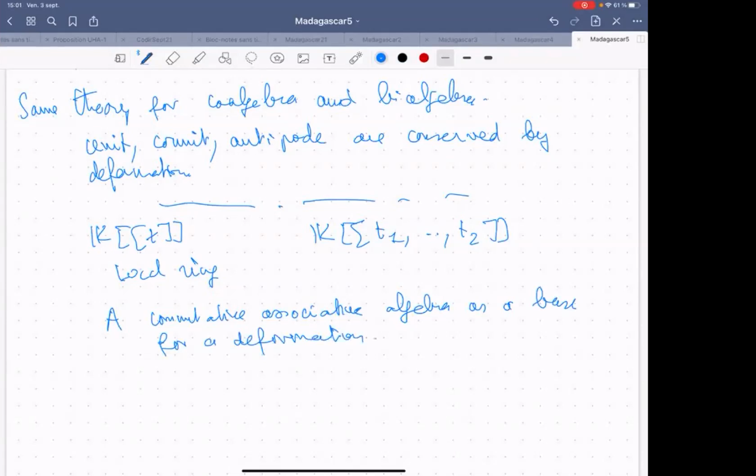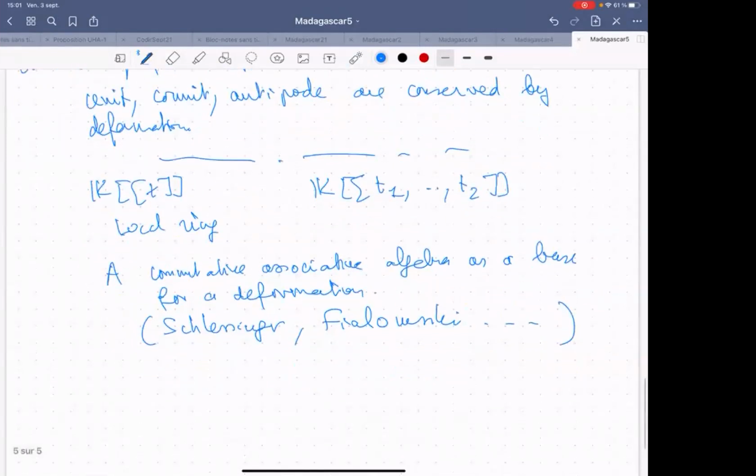The particular case of this approach will be the case we discussed already. K[[t]] is a commutative associative algebra, and this approach was initiated by Schlessinger, but mainly used by Fialowski and her collaborators. I think Wagner worked on this also.